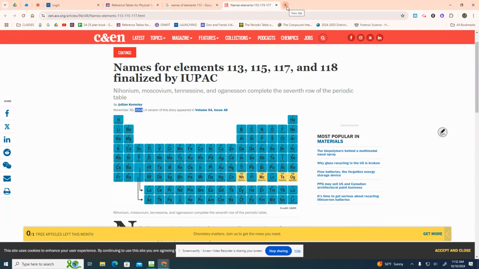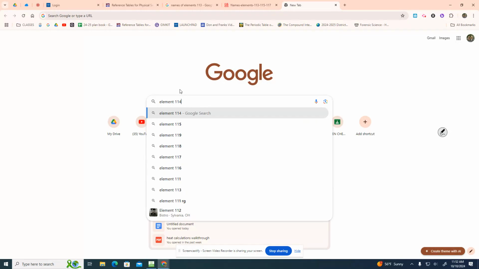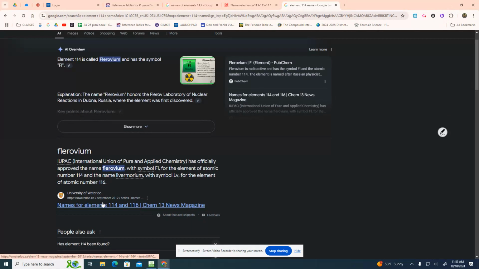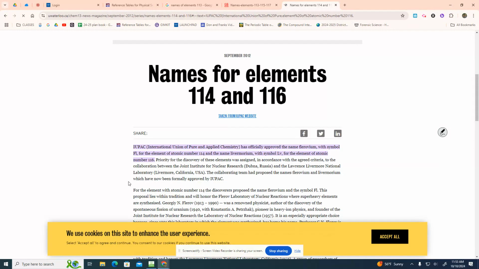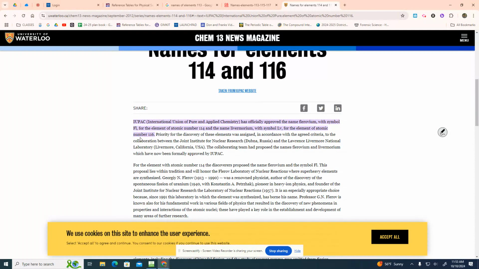Flerovium, which was named for elements 114 and 116. September of 2012 they were named. So we've got flerovium with the symbol FL and livermorium with symbol LV. And they were named by this group.